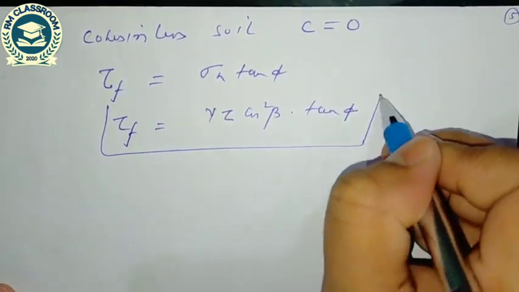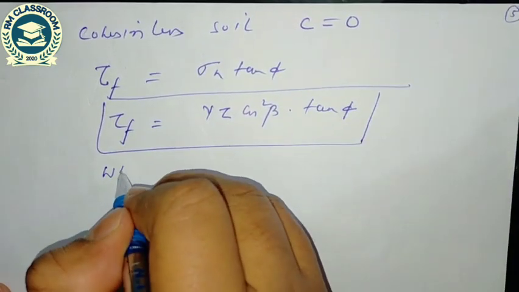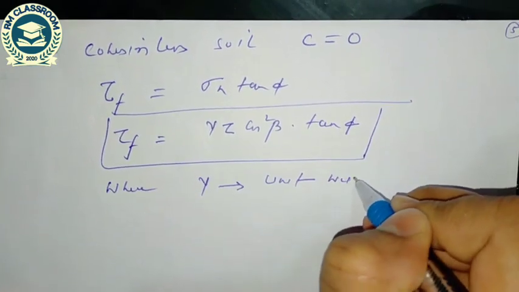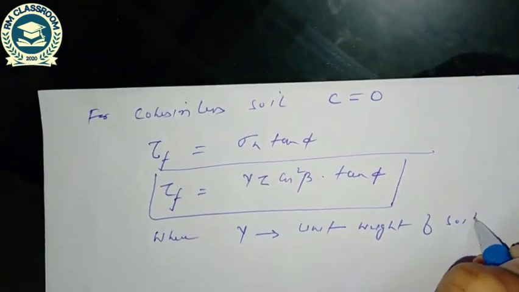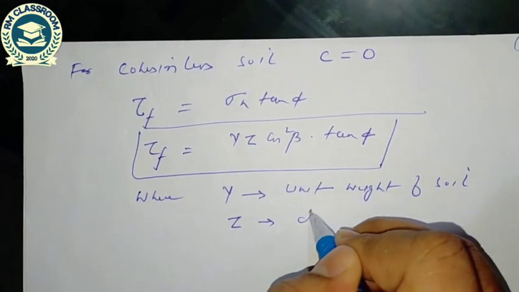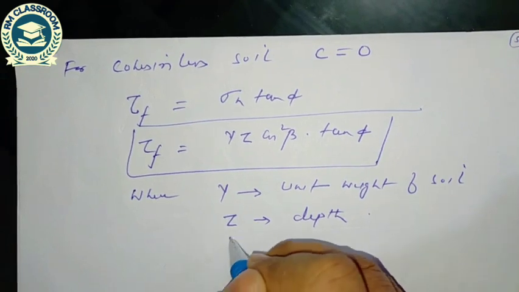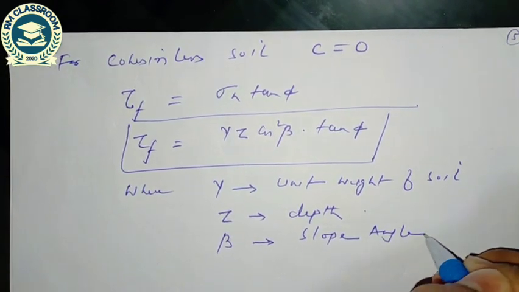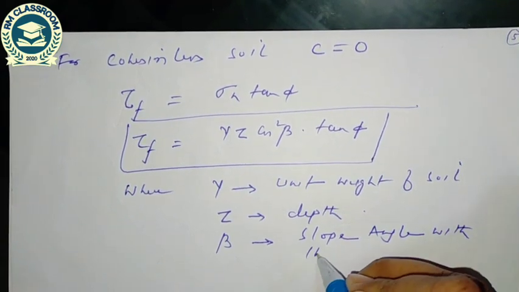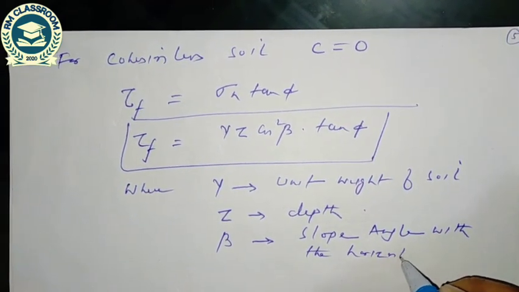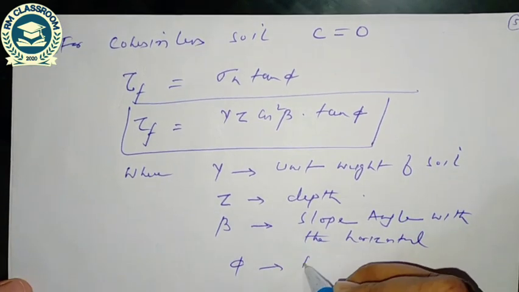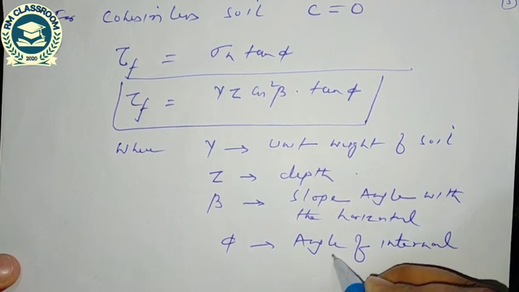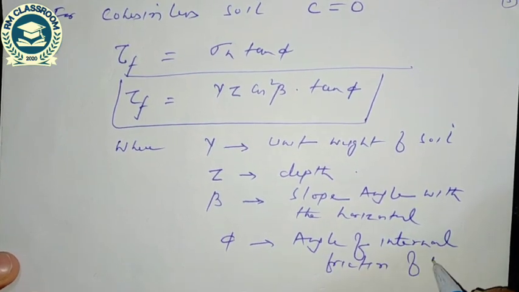So tau f we have computed, where gamma is the unit weight of soil, z is the depth, beta is the slope angle with the horizontal, and phi is the angle of internal friction of soil.